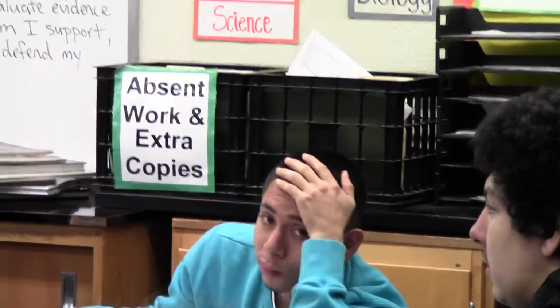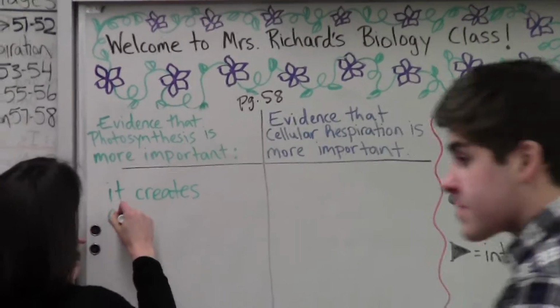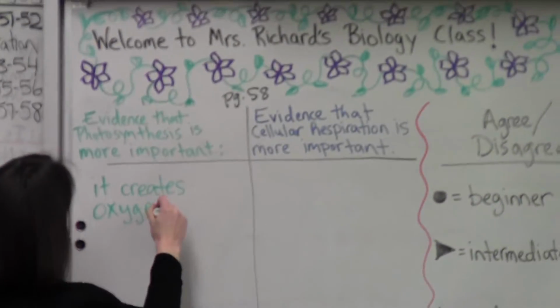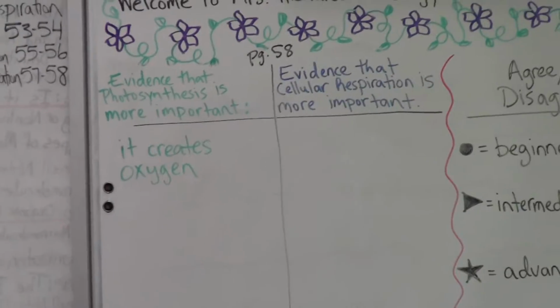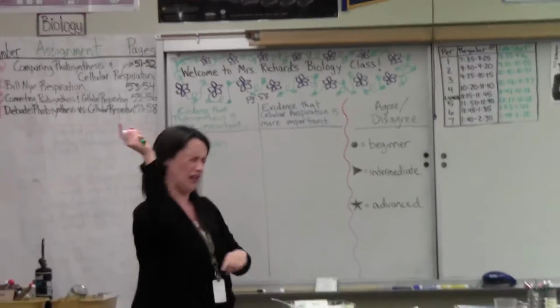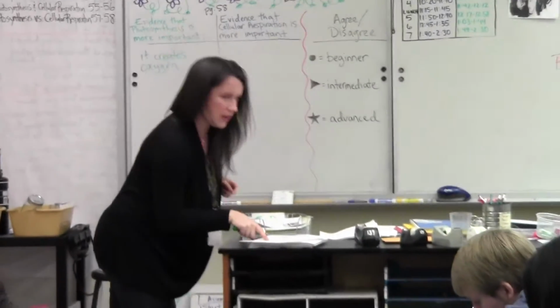So Cesar says photosynthesis was more important because it creates oxygen. How many of you guys had that same argument that it creates oxygen? It was a pretty common one yesterday. Good.